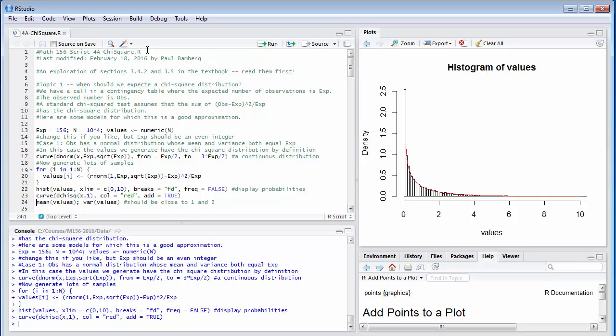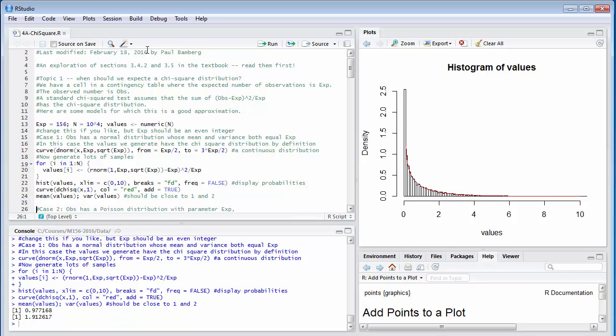Perfect match because this is how the chi-squared distribution with 1 degree of freedom is defined. It results from squaring random variables drawn from a standard normal distribution. It has a mean of 1 and a variance of 2, and sure enough, the mean and variance of the samples we generate are close to that.